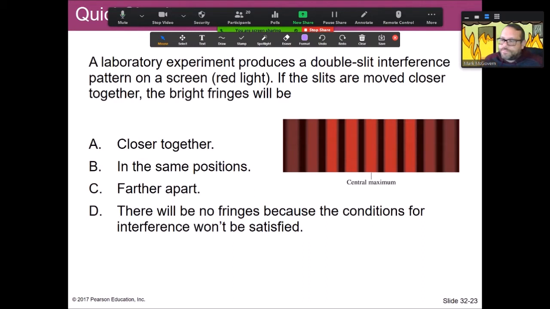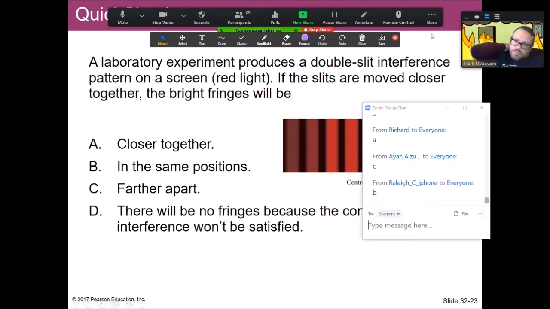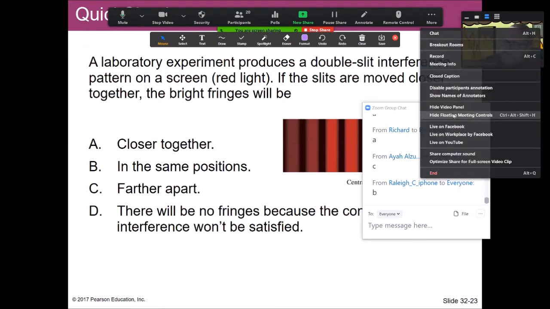All right. Similar question here. We got our double slit experiment. We're using red light. We're going to take the slits that are on that screen, and they may be very close together, but we're going to move them even closer together. What do you think that's going to do?